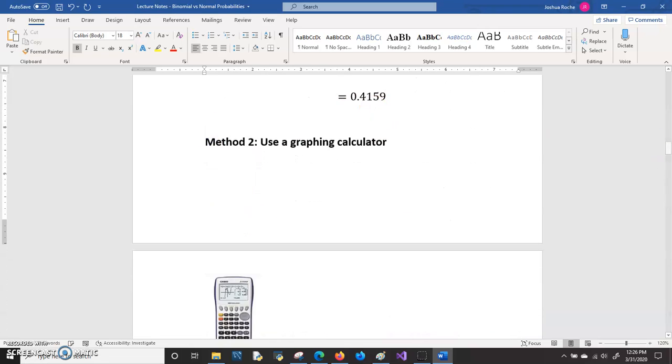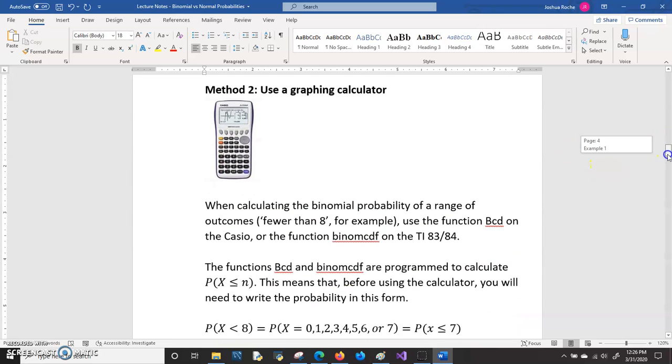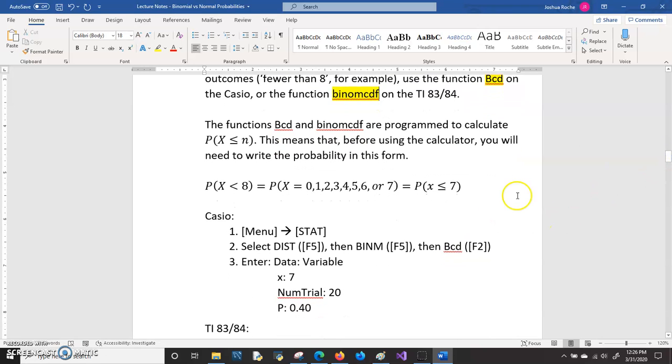Another way to work this out is to use a graphing calculator. If you're using a Casio graphing calculator, you would use the function called BCD. If you're using a TI-83 or 84, you would use the function Binomial CDF. Before you start using these functions, keep in mind that they're programmed to calculate the probability that x is less than or equal to some number.